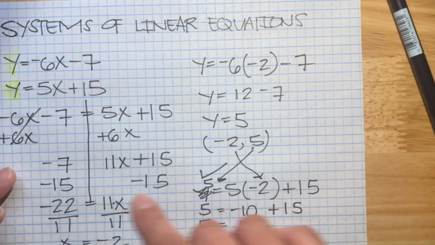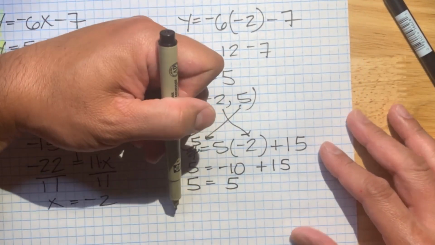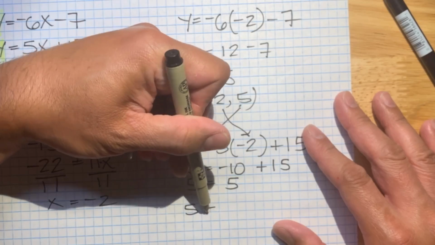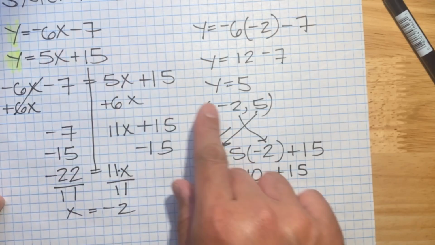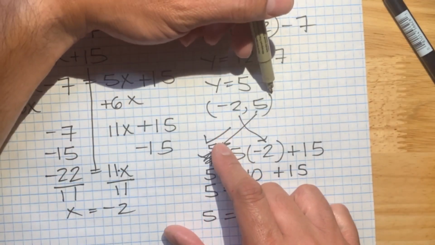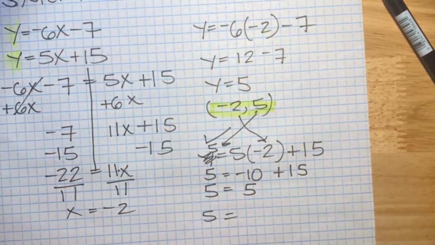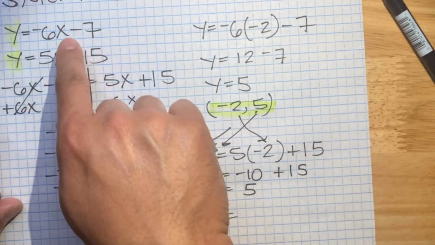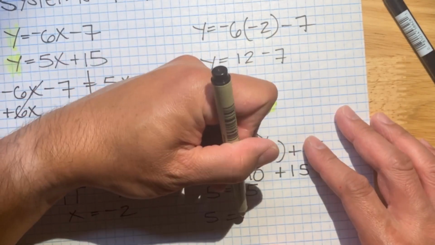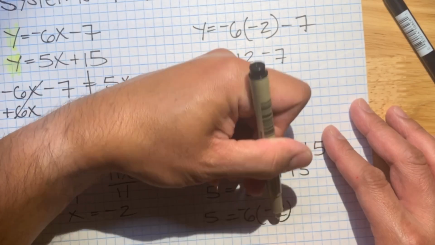Now let's check our answer on the other equation. I'm going to plug in 5 again. Equals, and I'm going to plug in our negative 2 in our answer. Let's just highlight this so that we know that this is our answer. I'm going to plug in this negative 2 into this x for this first equation. So negative 6 times negative 2 minus 7.